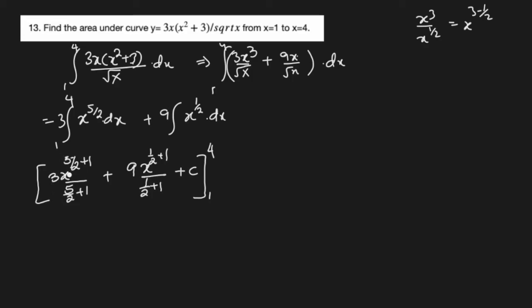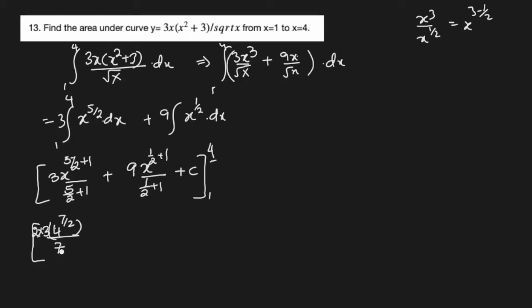Now we will substitute the values along with simplifying. So 3 remains 3, x to the power 7 over 2, and x is 4 for us. 4 to the power 7 over 2, divided by 7 over 2. So I'm not writing 7 over 2, I'm just writing 7 and multiplying 2 with the numerator.